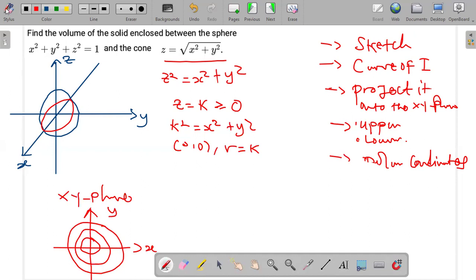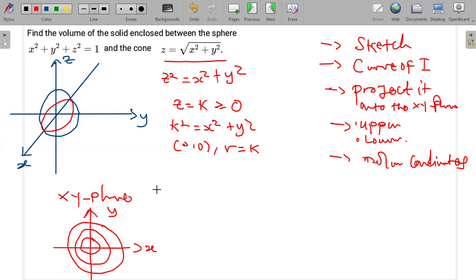Okay, so now let's look at the other planes. If I go to the XZ plane, what do I see? In the XZ plane, Y is equal to what? 0. So if Y is equal to 0, then I have Z squared equals X squared.